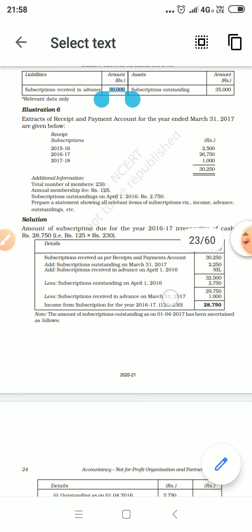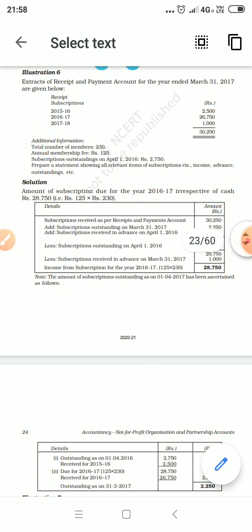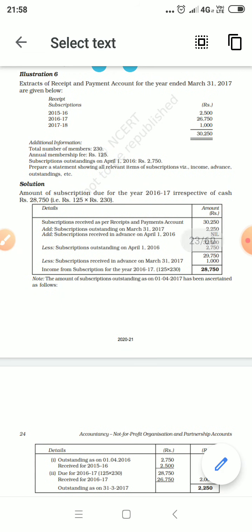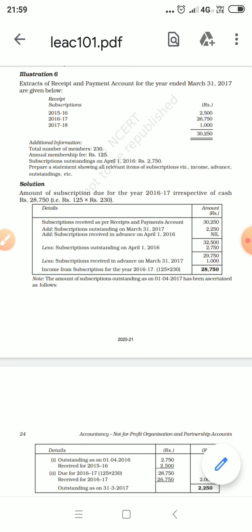Now coming to illustration 6. Extract of receipts and payment account for the year ended March 31st, 2017 are given below. This is the receipt side of the receipts and payment account, and the subscription is bifurcated.